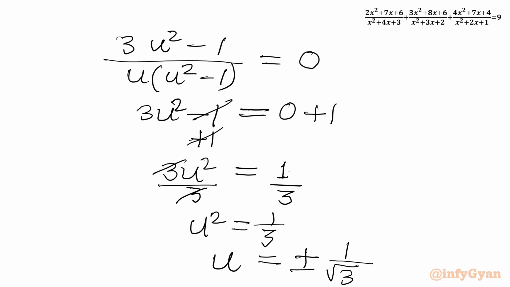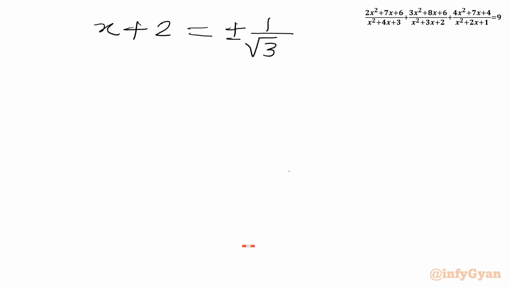Now u was our substitution, x plus 2. So we will write x plus 2 equal to plus minus 1 over square root 3. Now we will subtract 2 from both sides to cancel plus 2 from the LHS. Now it is over.